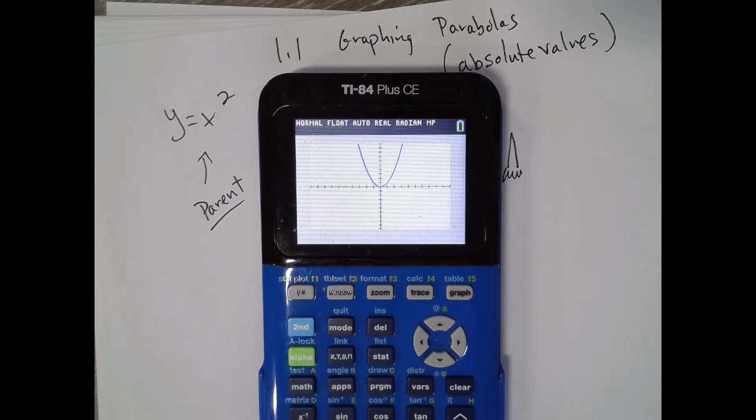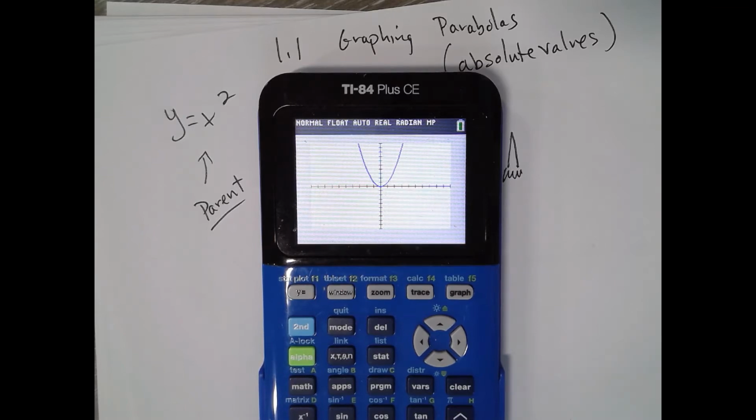Yeah. Okay, Katie downloaded an app. Nice job, Katie. So it wouldn't be a bad idea if you want to do that. Otherwise, you'll get a calculator sooner rather than later.